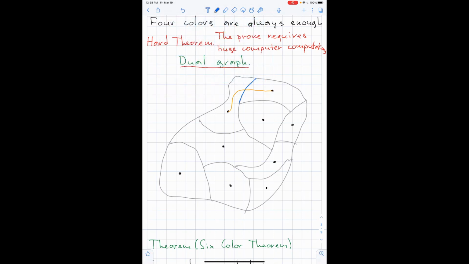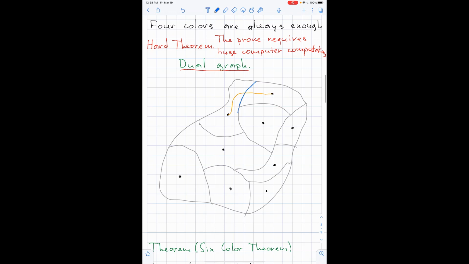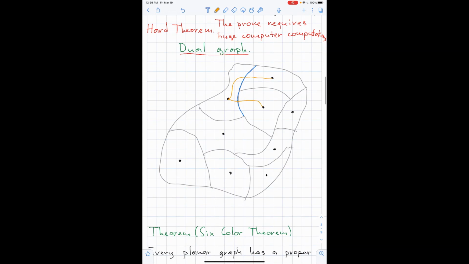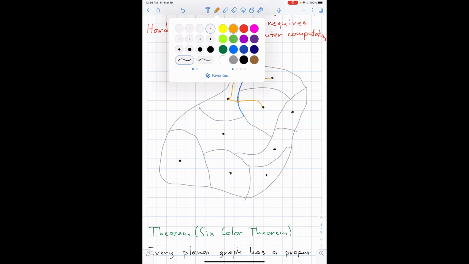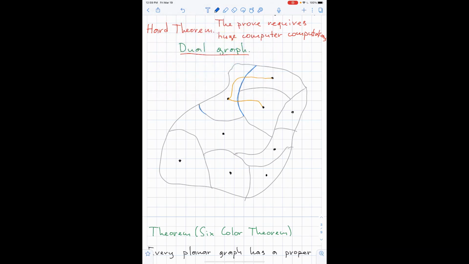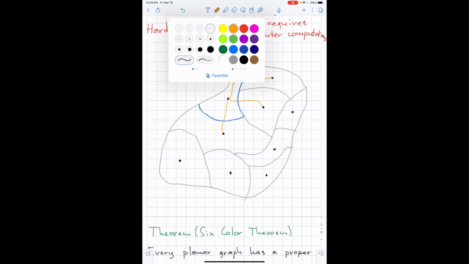And for each country, we just go, say, clockwise here. So I took care of this piece of the boundary. I go to the next piece, this one, and I draw the edge that crosses that piece of the boundary, and so forth. So I have this piece of the boundary over here. I draw the edge across that.